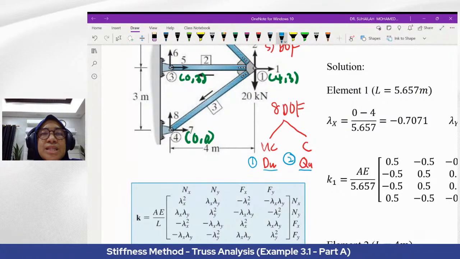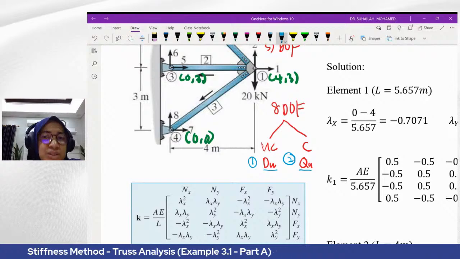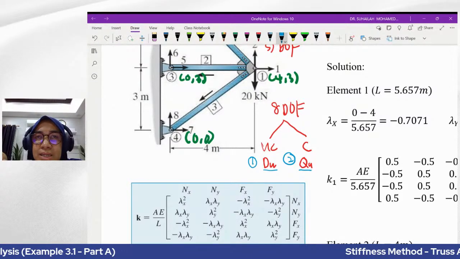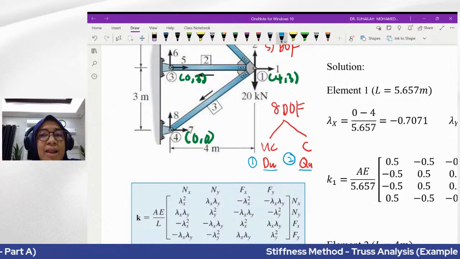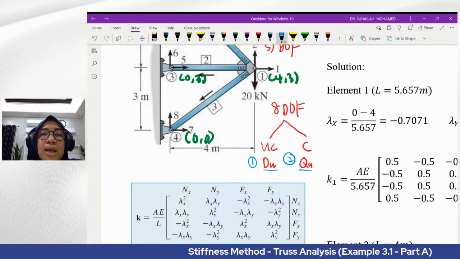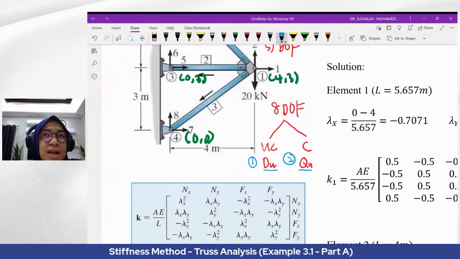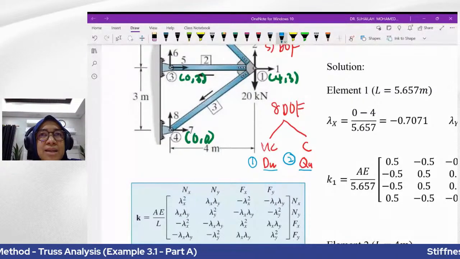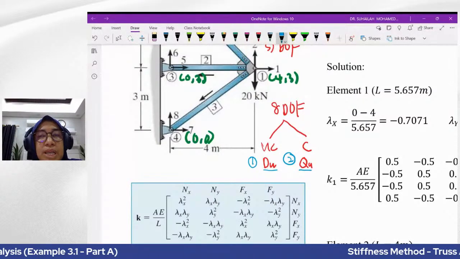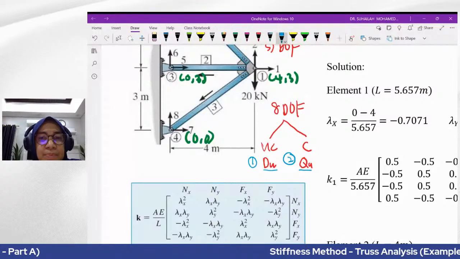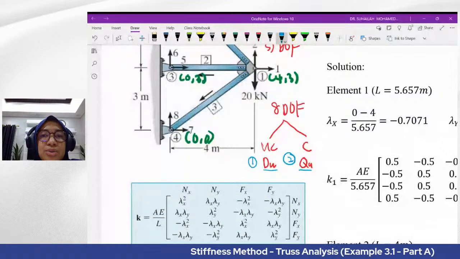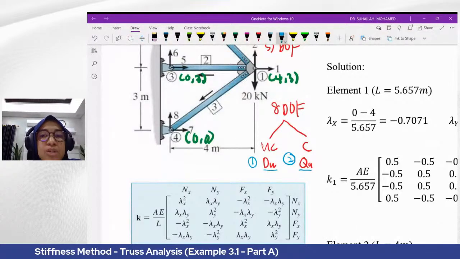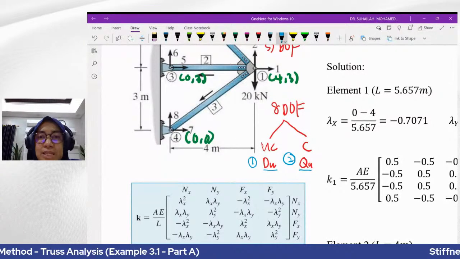So Qu is the unknown reaction forces at the support. Du, u represents unknown, D represents displacement, so it is unknown displacement.